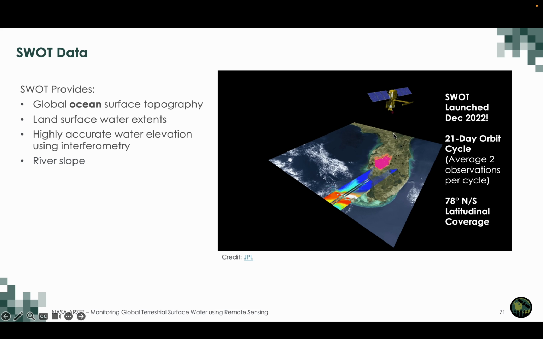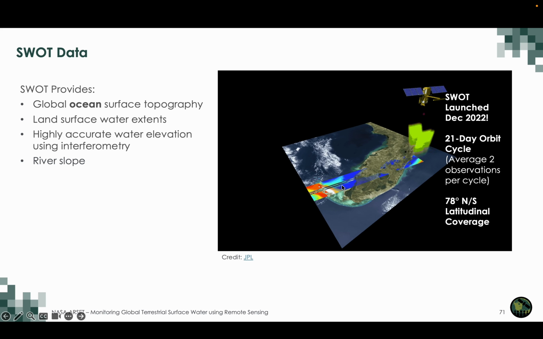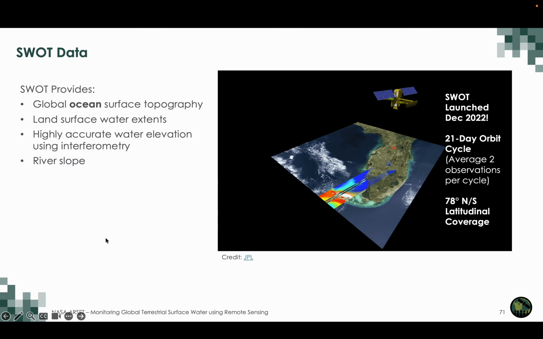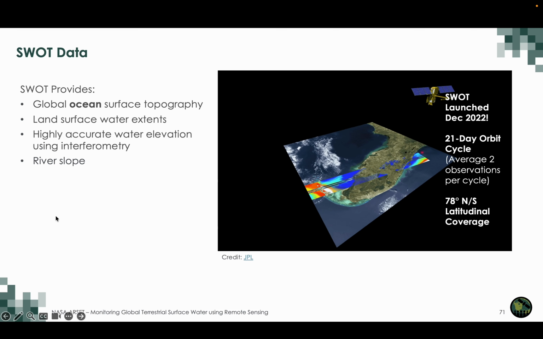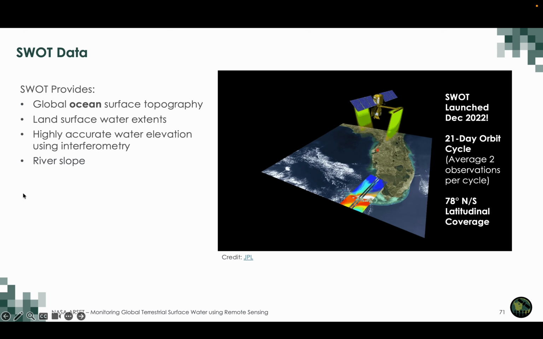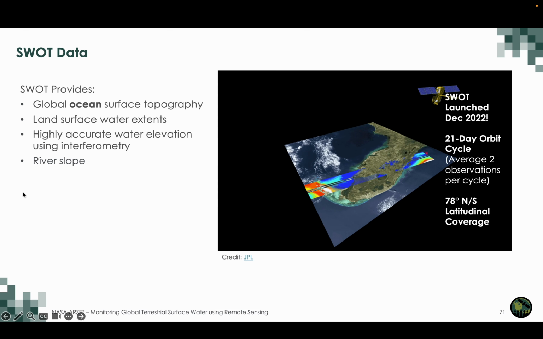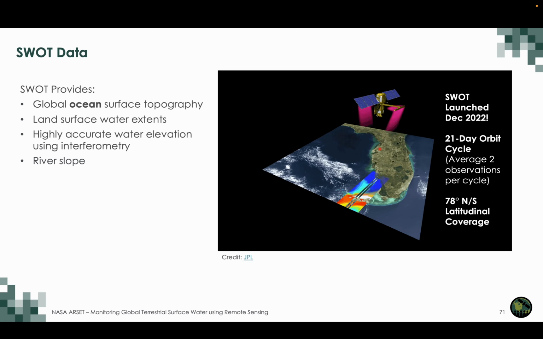This is an example of how SWOT scans on a 20-day orbit cycle, and data provided are global ocean surface topography, land surface water extent, highly accurate water elevation using interferometry, and river slope.